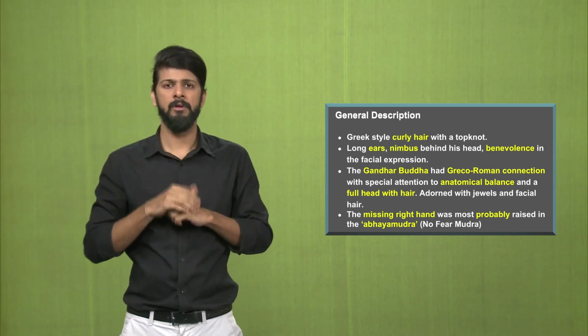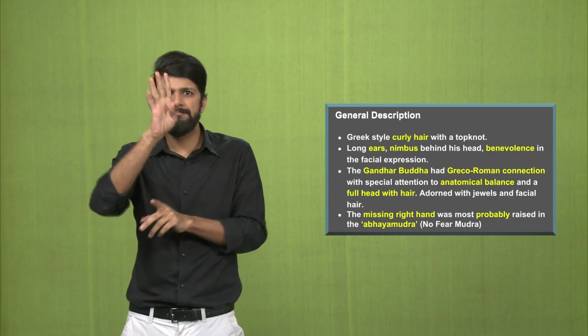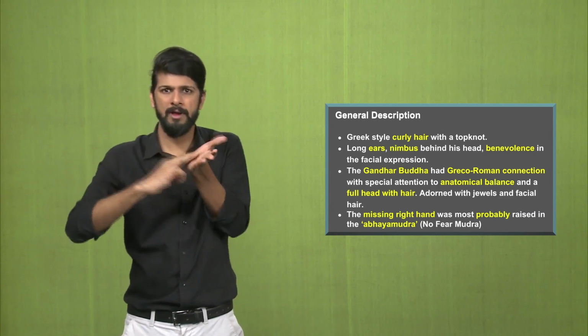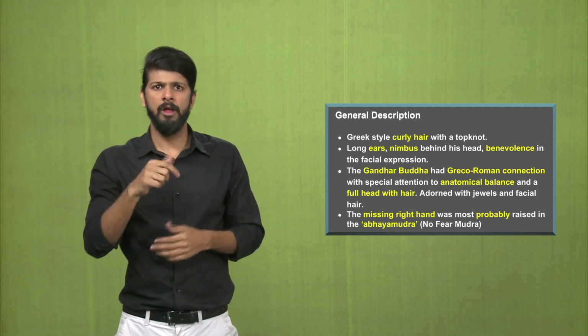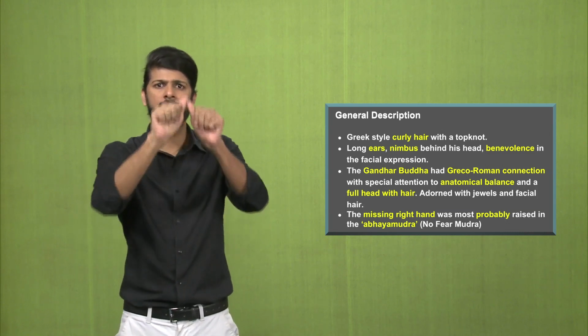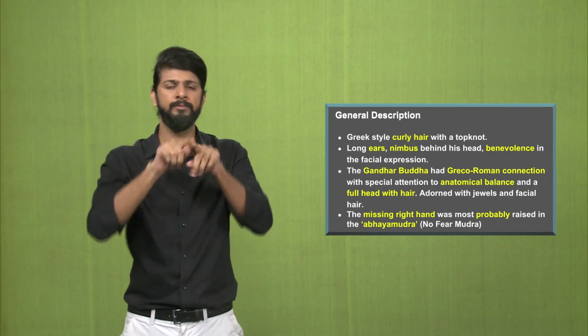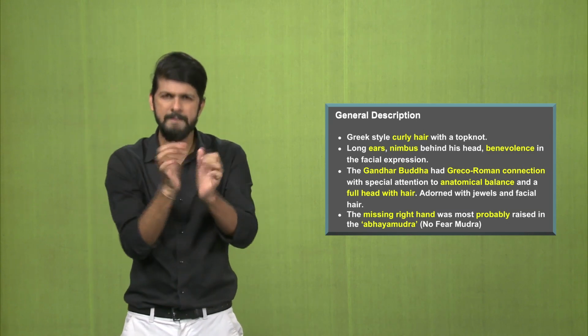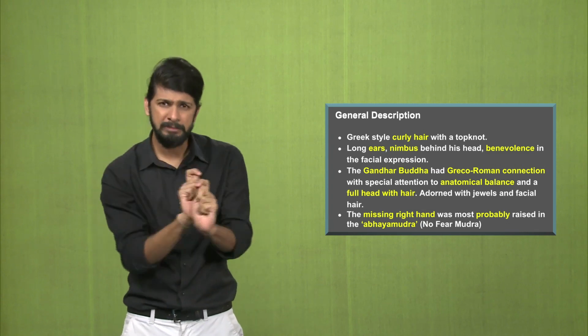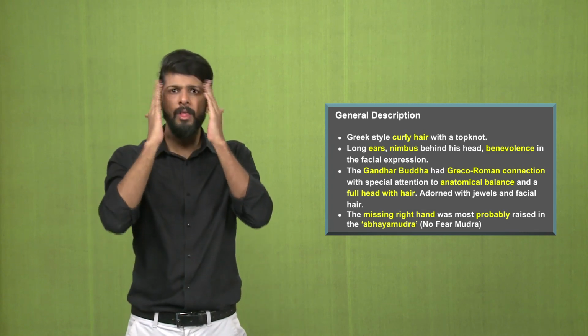The Gandhara Buddha had a Greco-Roman connection. The anatomical balance is very special here. They have ensured that the description is realistically complete.